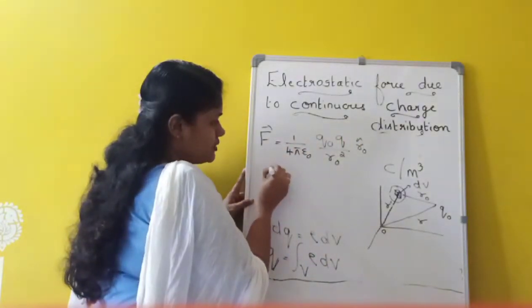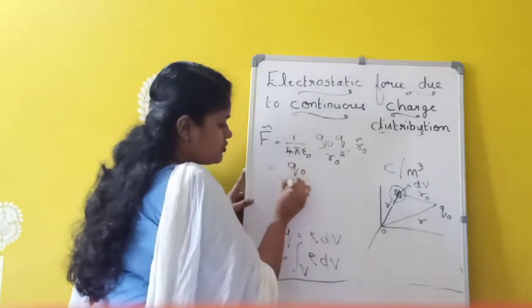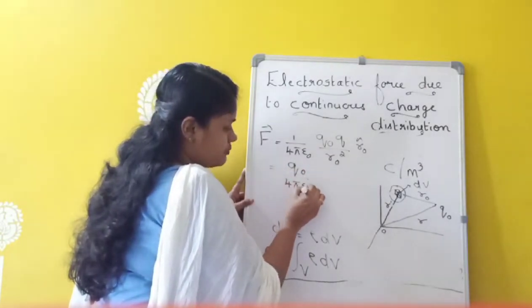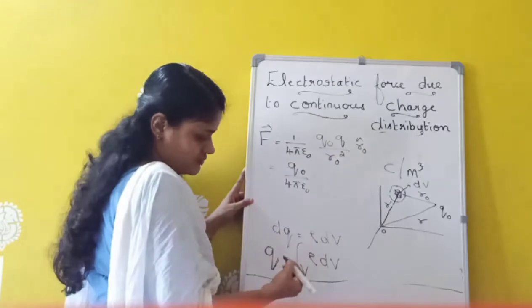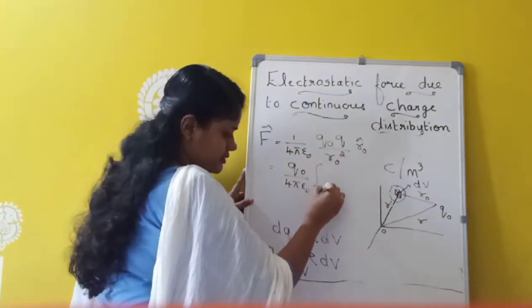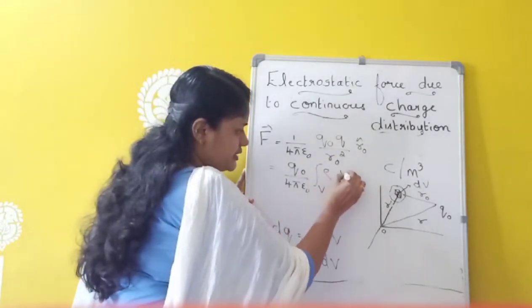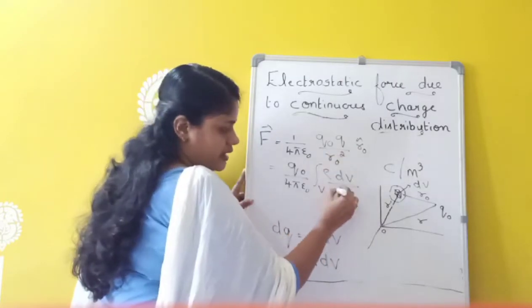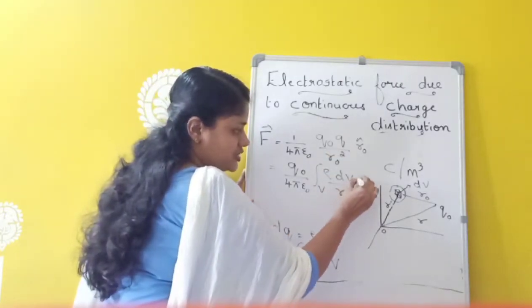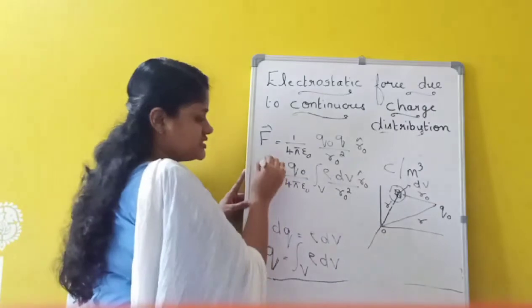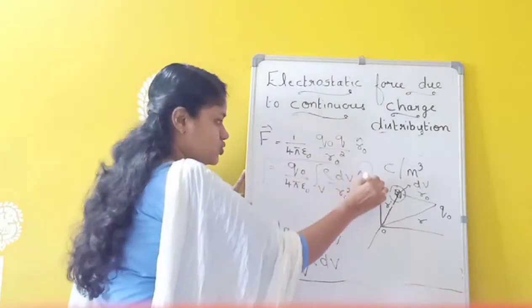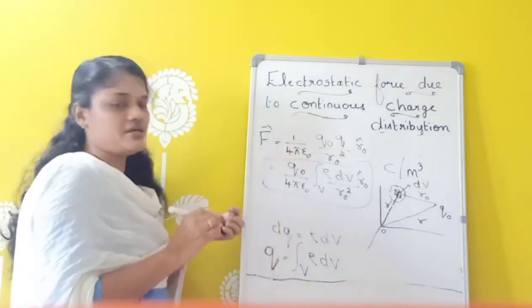That is equivalent to Q0 divided by 4 pi epsilon 0 into, instead of Q, the volume integral rho dV divided by R0 square into unit vector R0. So this will give the electrostatic force due to volume charge distribution.